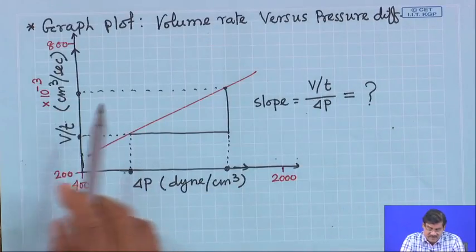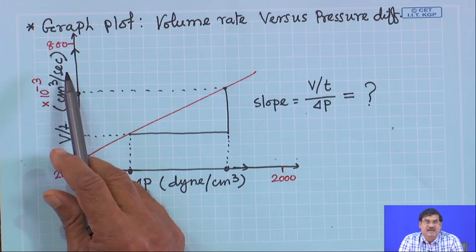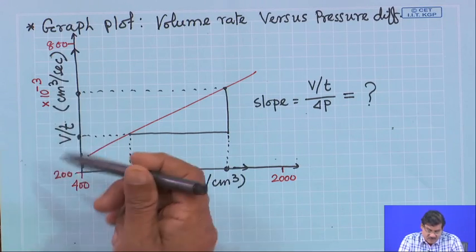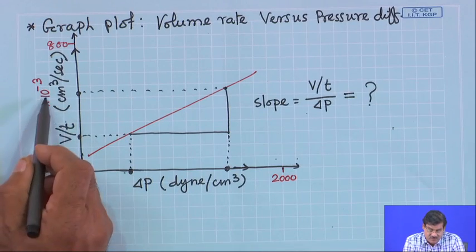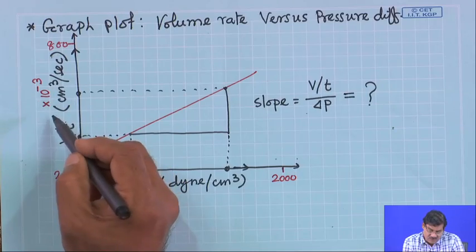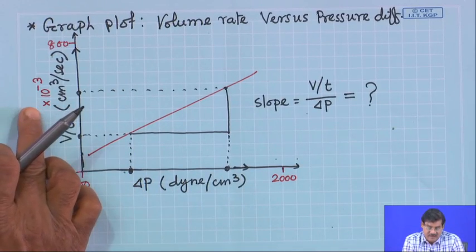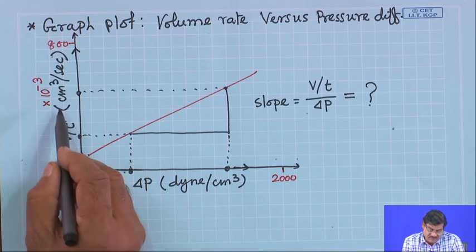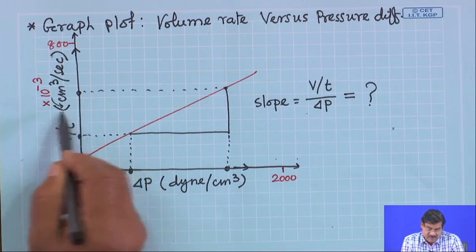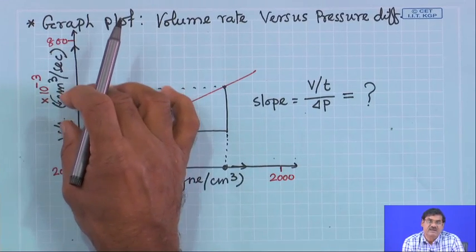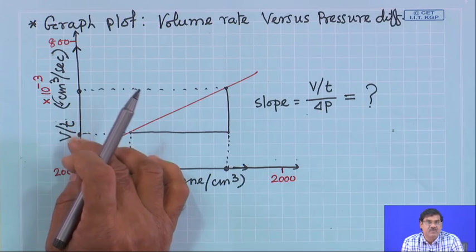On the y axis you see V by T in cm cube per second. So this factor we can write as 10 to the power minus 3. I should have written it here, but I wrote it later. Actually this unit is 10 to the power minus 3 cm cube per second.